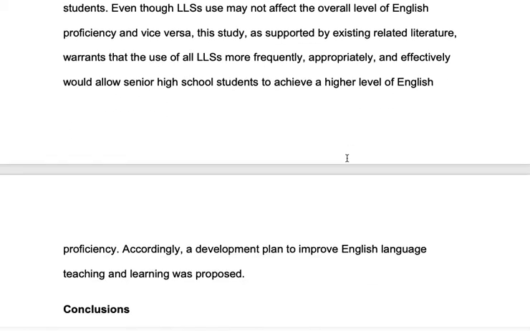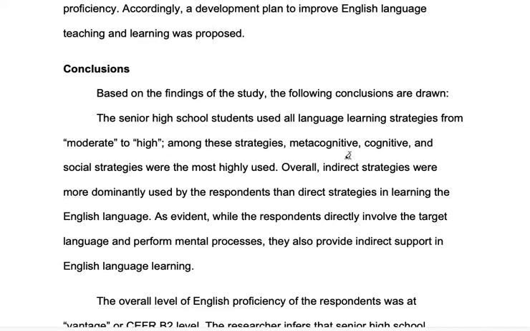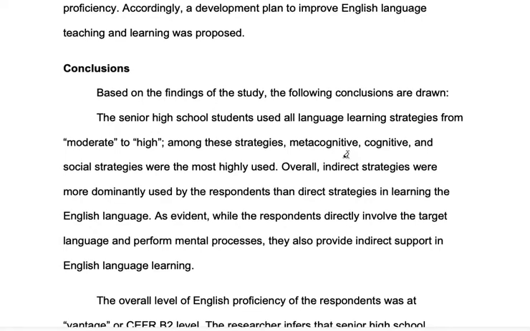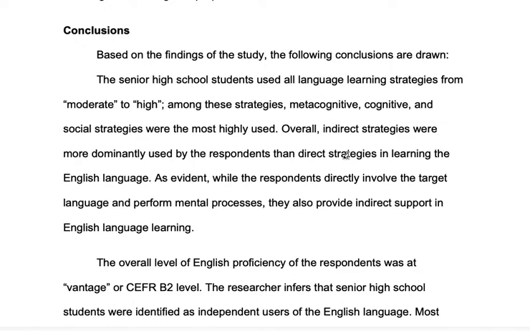So, sir, this time, how do we write the conclusions of the paper? So again, we base the conclusions on the summary of findings as well as on the results and discussion. Okay, so when we say conclusions, this means what can we infer? What can we suggest? What can we say? What can we generalize as a researcher based on the results?